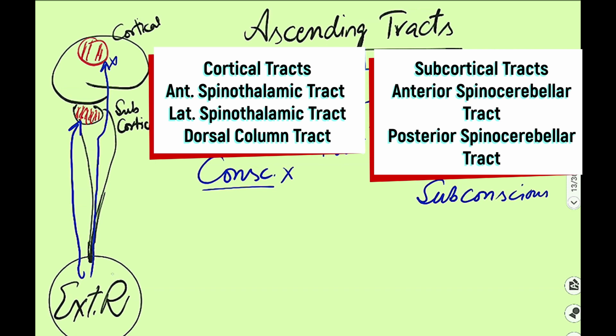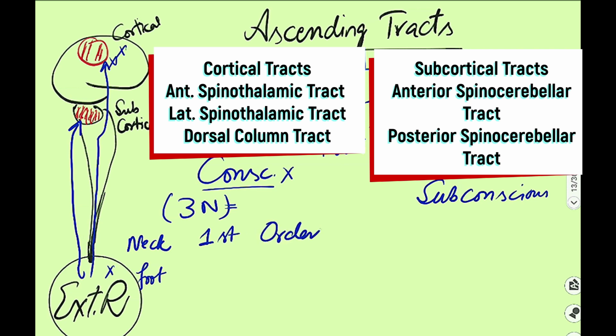For the information to move from receptor and reach the cerebral cortex, we require three neurons. Whether the information is starting from our foot or from our neck doesn't matter. What matters is the rule, and the rule says we want three neurons for the ascending tracts. These three neurons are named the first order neuron, second order neuron, and third order neuron.